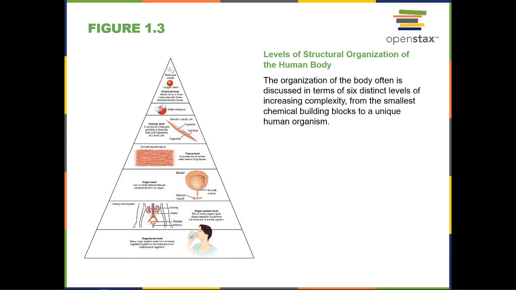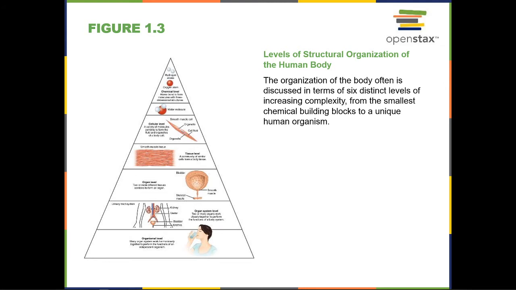So as we move on here, as you can see within the slide, these first things are going to be the elements that make up your body. Almost all of your body is composed of just a handful of elements, 4 to be exact.